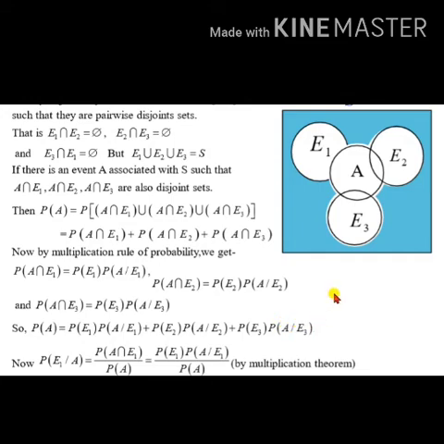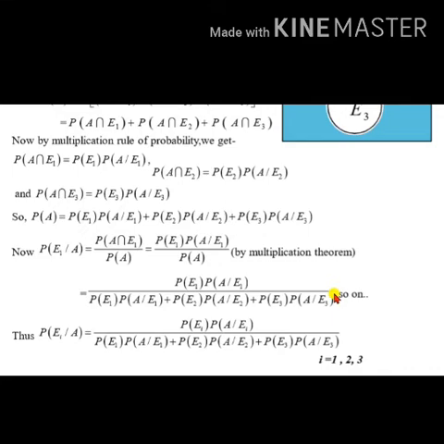Now we are going to find the probability of event E1 by A. This is a conditional probability. By using the formula of conditional probability, we can write probability of A intersection E1 divided by probability of A. I hope you must know this step.